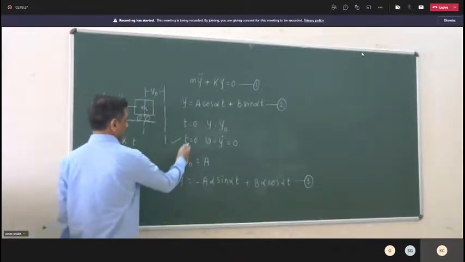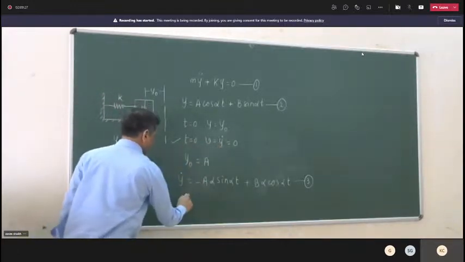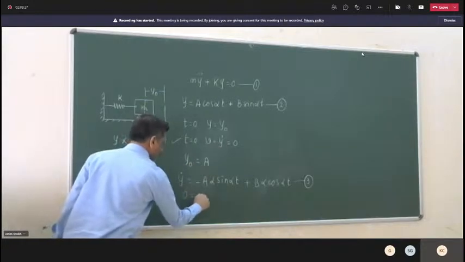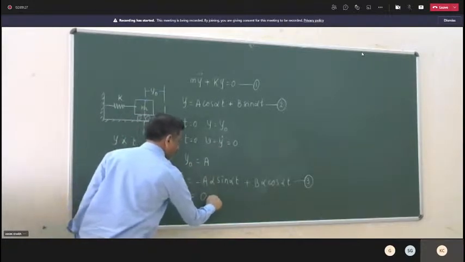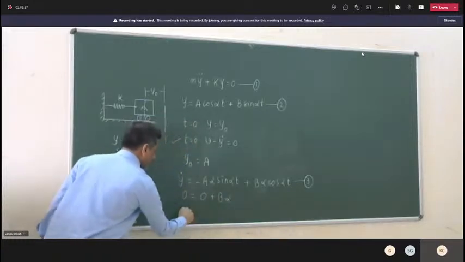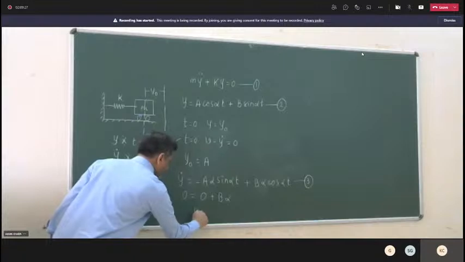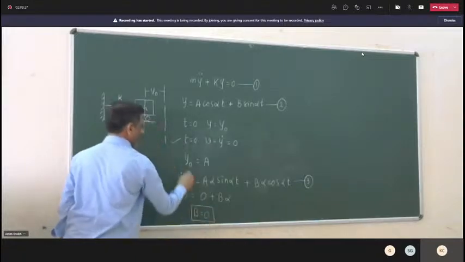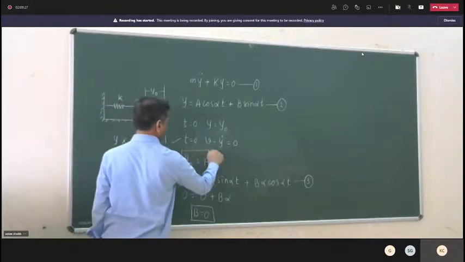You will get that at t is equal to 0, y dot is 0. So 0 is equal to this is 0 plus B alpha, and that's why I get B is equal to 0. So I got value of B, I got value of A.